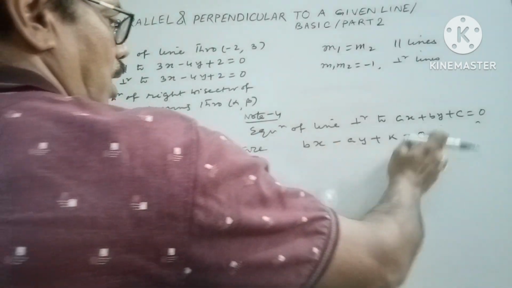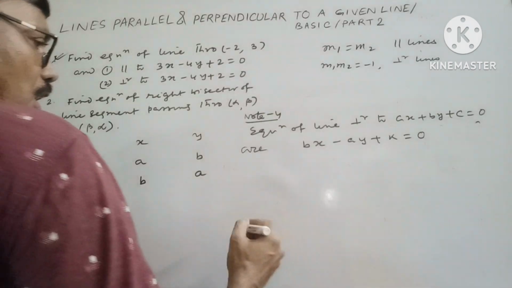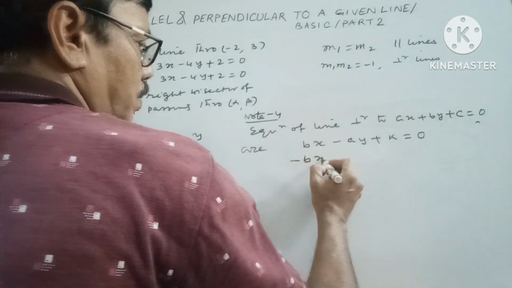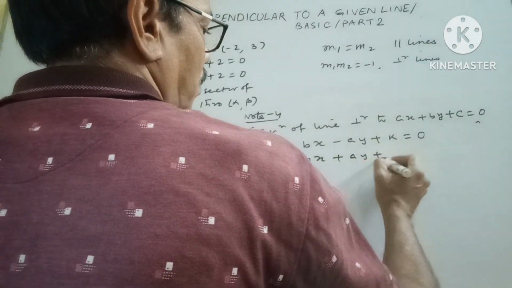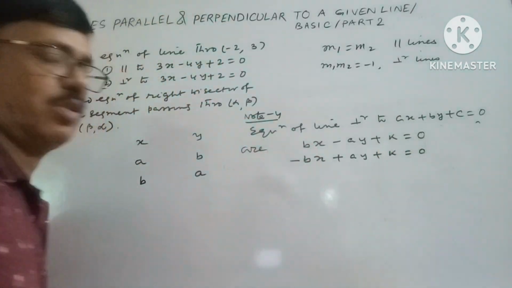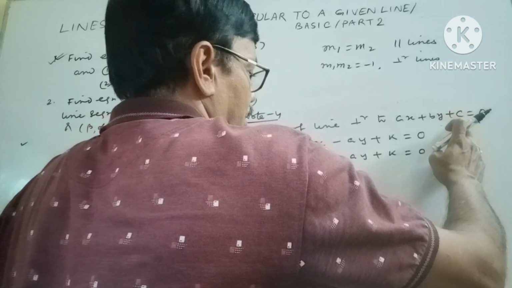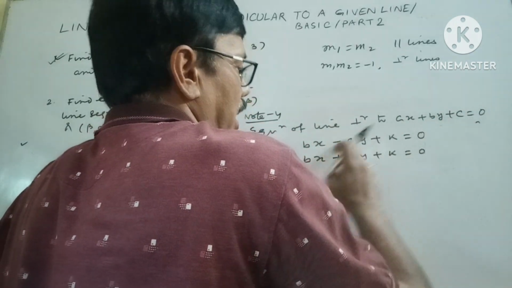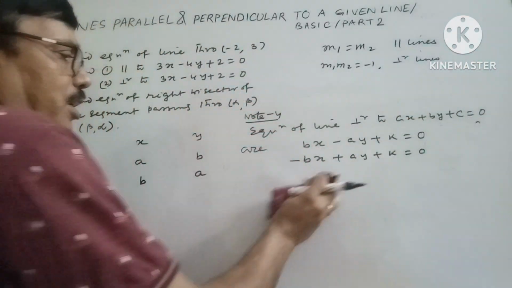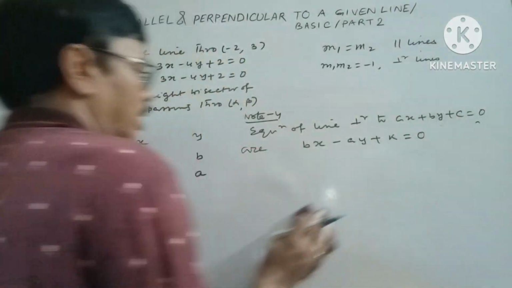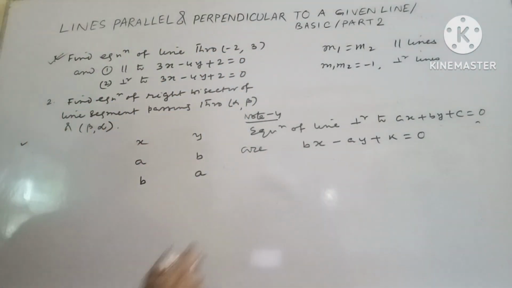So, minus ay plus k equals 0. You can also take minus bx plus ay plus k equals 0. No harm. So, bx minus ay plus k equals 0.